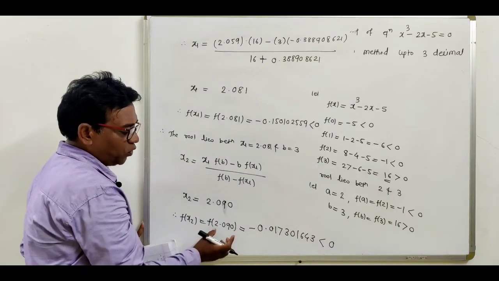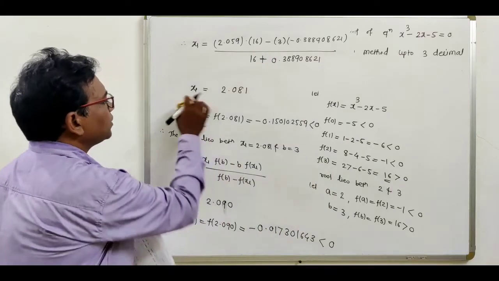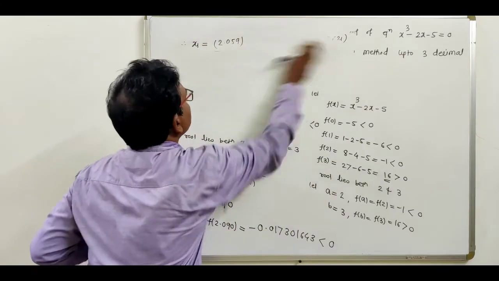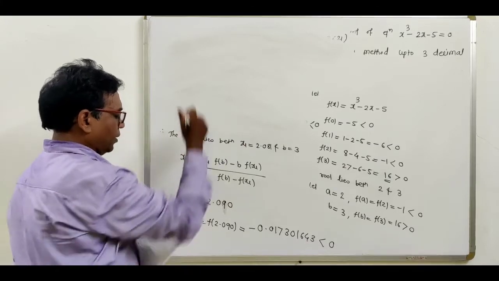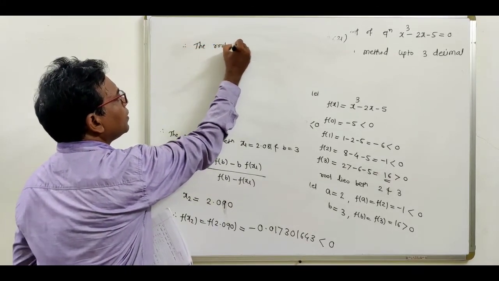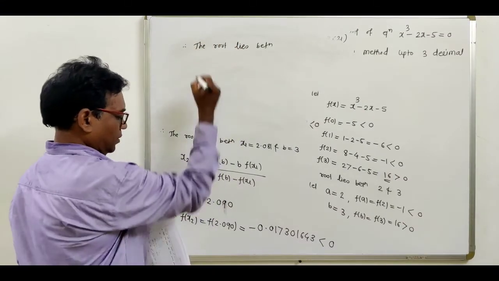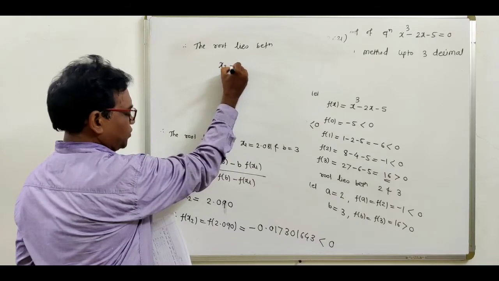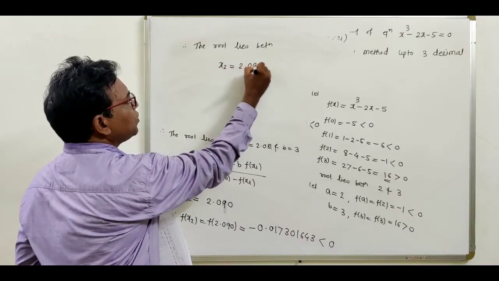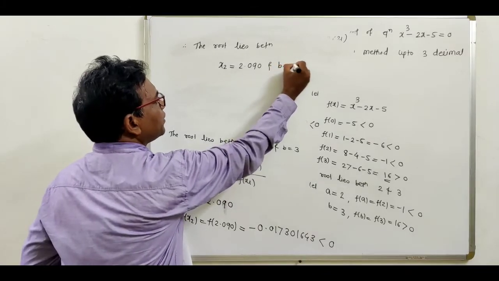So the root lies between 2.090 and this number 3. So right here, therefore, the root lies between x2 equal to 2.090 and b equal to 3.